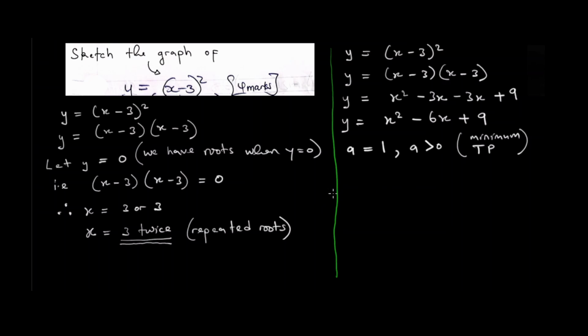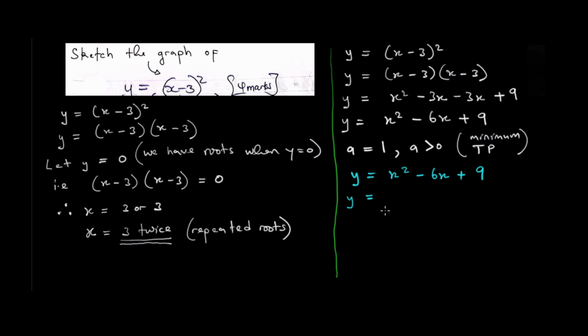So let me use a different color here. We are told that y is equal to x squared minus 6x plus 9. Here we are going to factor out the coefficient of x squared, but since the coefficient of x squared is 1, factoring out has no net effect.